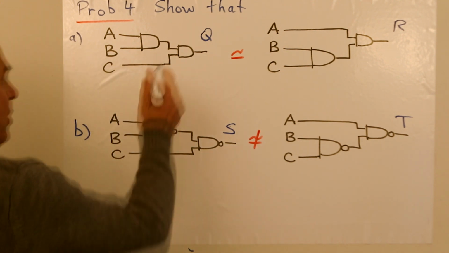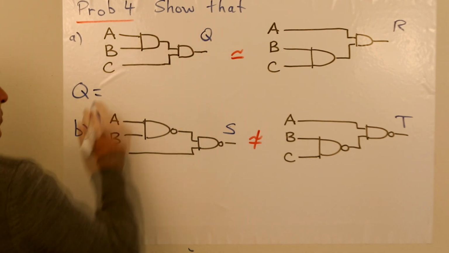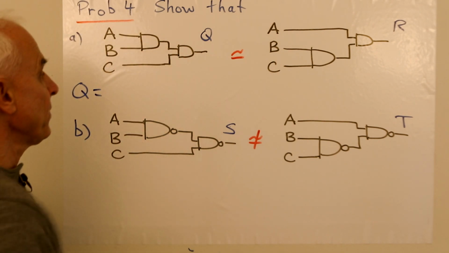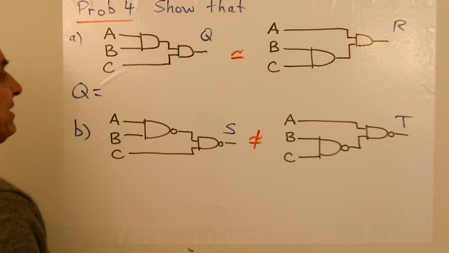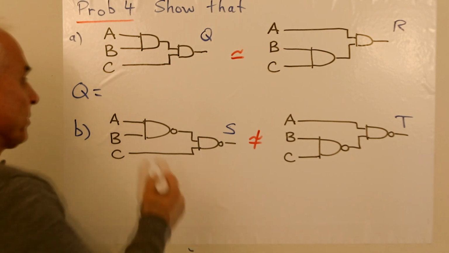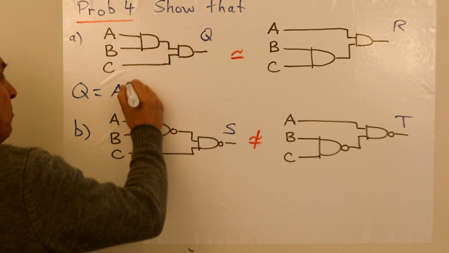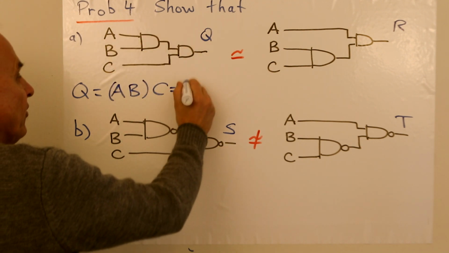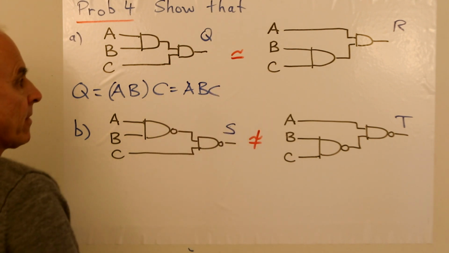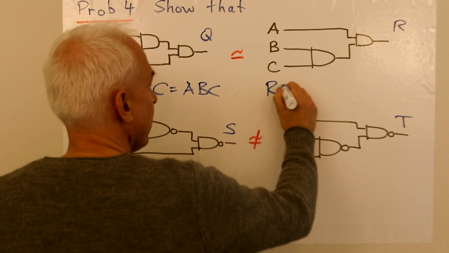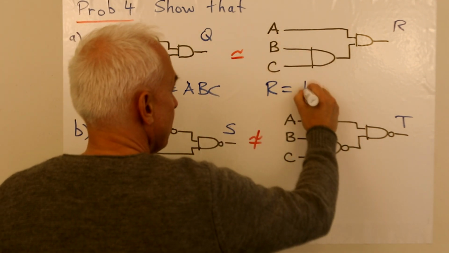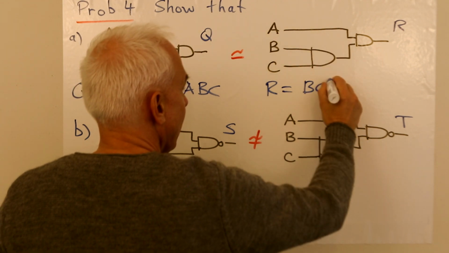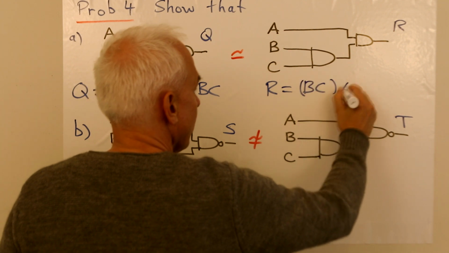The first one here, Q, what's happening is we have an AND gate taking input A and B and other input C. So AND is represented by multiplication, so Q is just AB, that's the product there, times C, which is ABC. And similarly, R over here is, well, now we have the BC as one input, and the other input is A. Okay, we can put it maybe there.